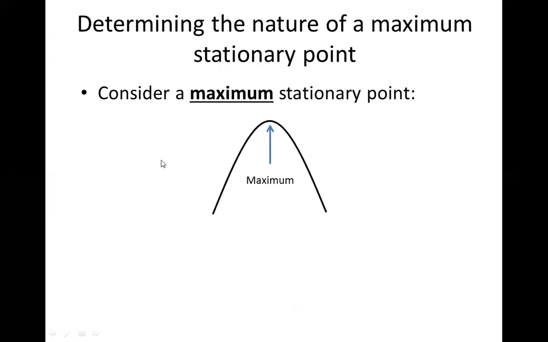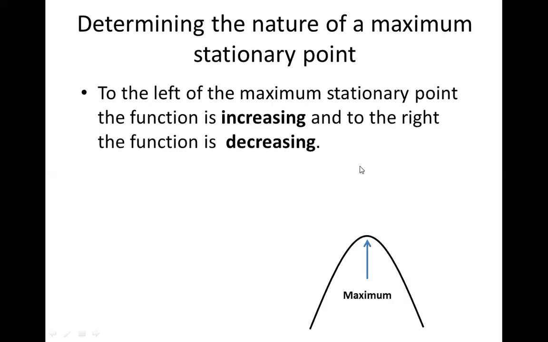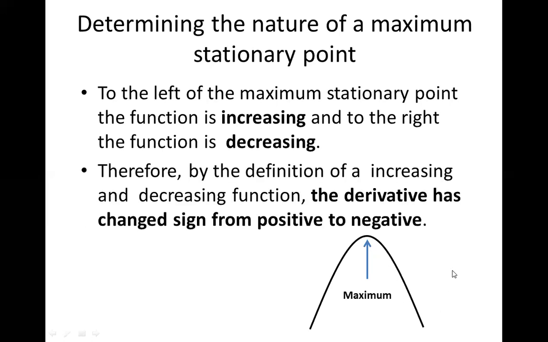Consider the maximum stationary point. To the left of the maximum stationary point, the function is increasing, and to the right, the function is decreasing. Therefore, by the definition of increasing and decreasing function, the derivative has changed sign from positive to negative.